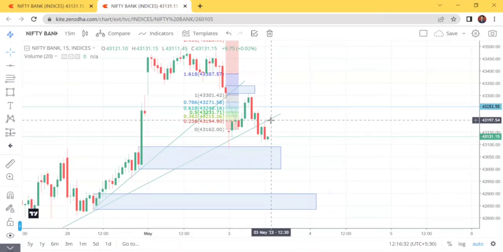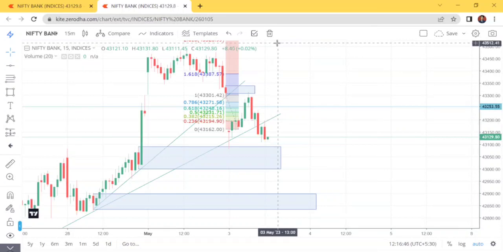Given there is a support immediately at 43,080 and this big demand candle which has formed in the form of a hammer at support, I am not very confident on taking this trade forward. Hence, I did not take a put.